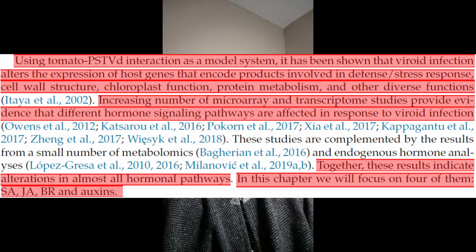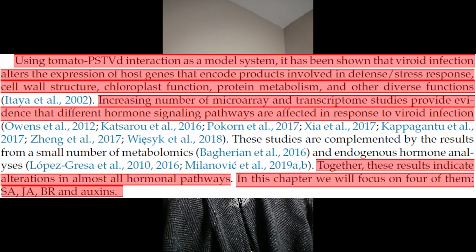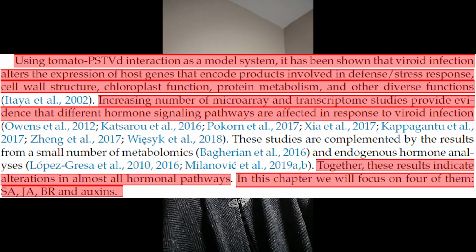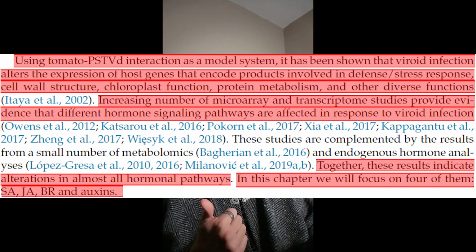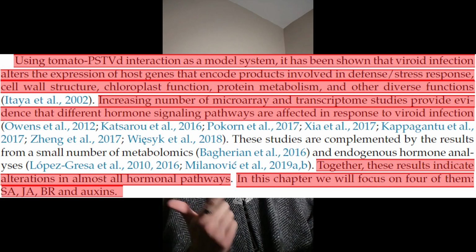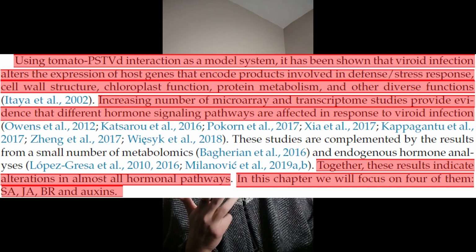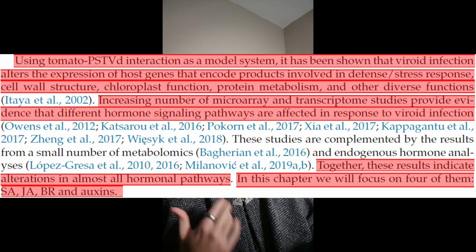Further, using tomato, potato spindle tuber viroid interaction as a model system, it has been shown that viroid infection alters the expression of host genes that encode products involved in defense, stress response, cell wall structure, chloroplast function, protein metabolism, and other diverse functions.